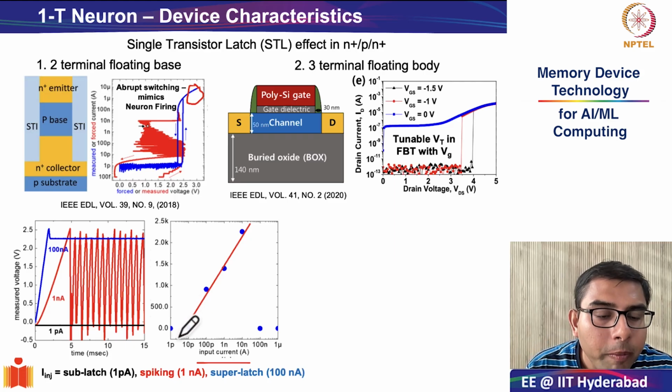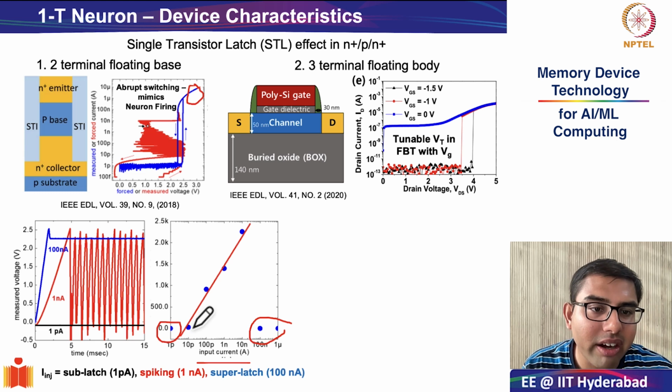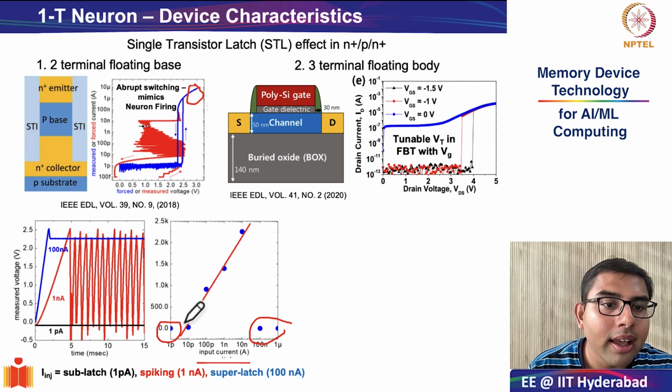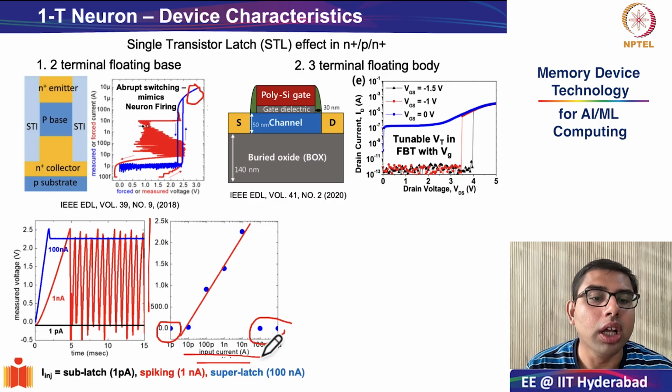As you can see, below a particular threshold, there is no oscillation. Above also there is no oscillation. And in this intermediate regime, the firing frequency that you see here in kilohertz is directly proportional to the log of the input current.